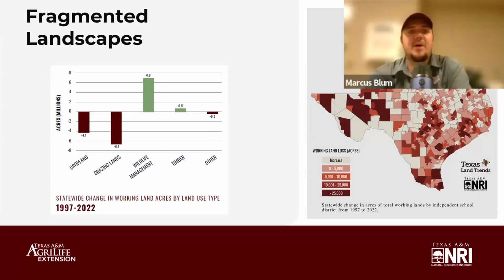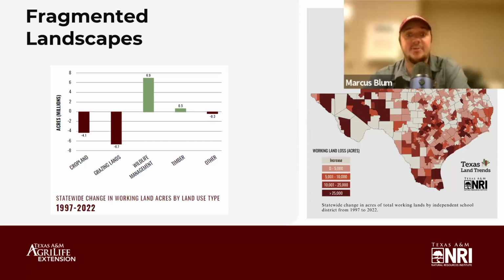So while feral hog populations have grown exponentially across Texas and the U.S., we've also witnessed increasing land fragmentation across the state. Since the late 90s, Texas lost about 3.7 million acres of working lands. That's a big chunk. We saw a decrease of about 6.7 million acres of grazing lands alone, although that's been partially offset by an increase in acreage devoted to wildlife management.